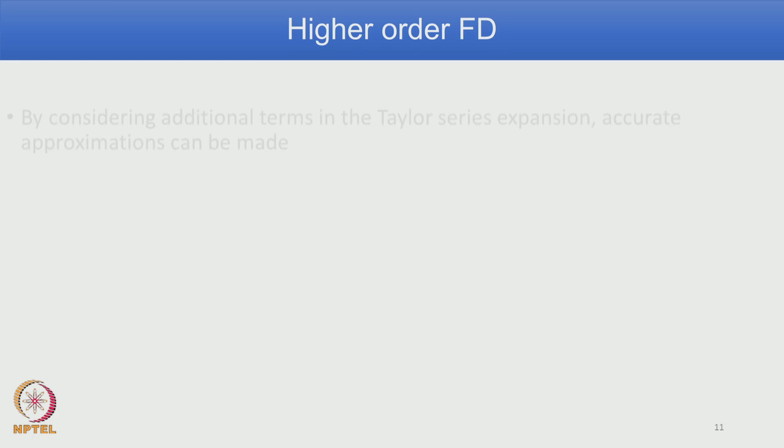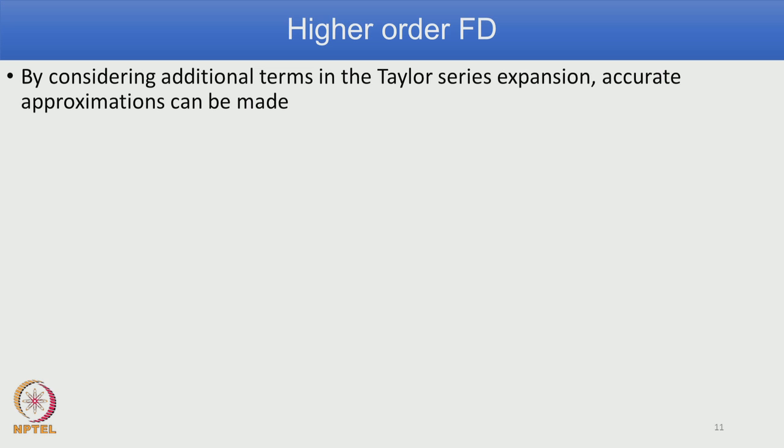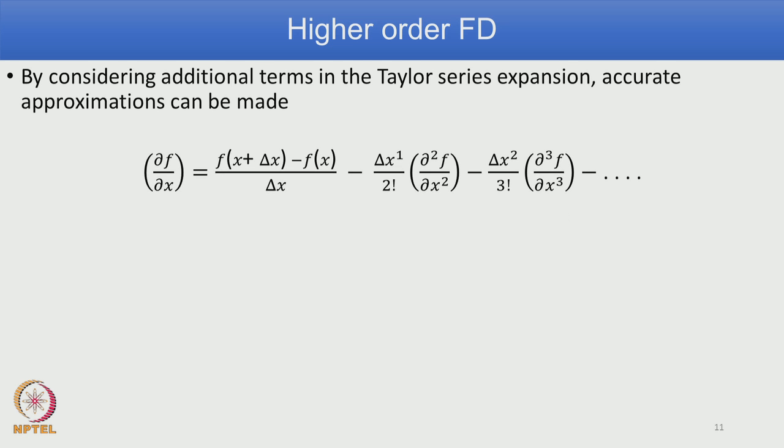Now, we also have higher order FD, in the sense we have seen the first derivative evaluated by Taylor series formula with order of accuracy of delta x. We observe that you can reduce the error by reducing the grid spacing, but that is not always possible.